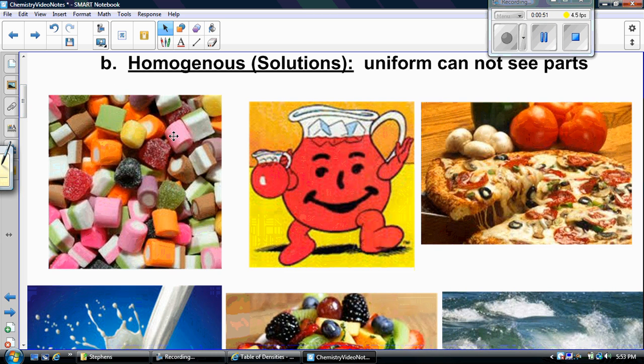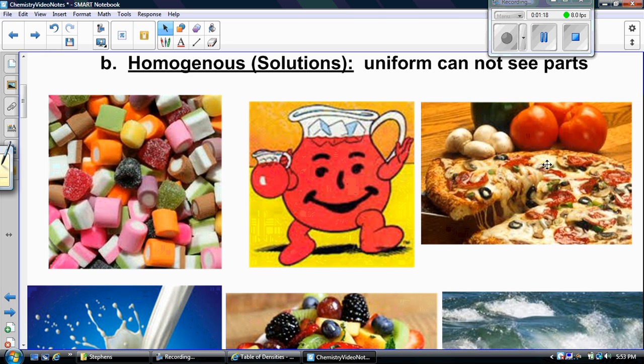If we take this handful of candy, all the different types of candy, you can see all the different types. That would be heterogeneous because you can see all the parts. If we take a look at Kool-Aid, you cannot see all the parts inside this mixture, which is made up of sugar and water. You cannot see the individual sugar compounds, the individual water compounds. So that's a solution or homogeneous mixture.